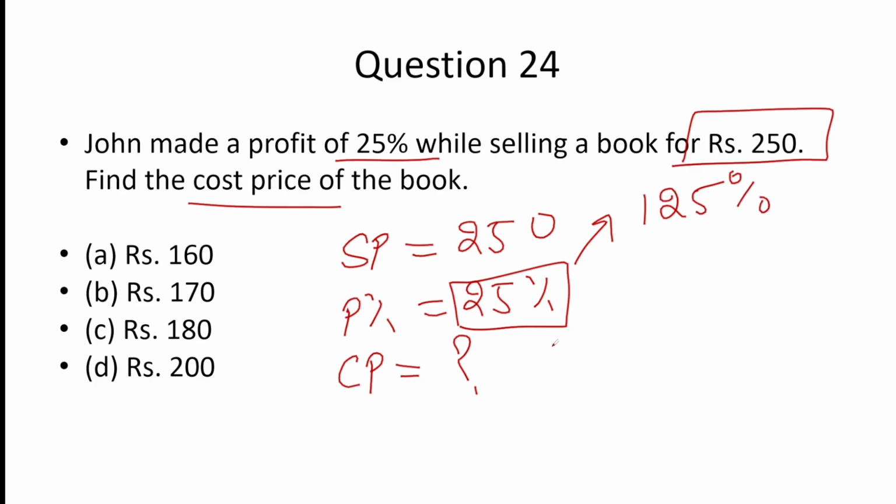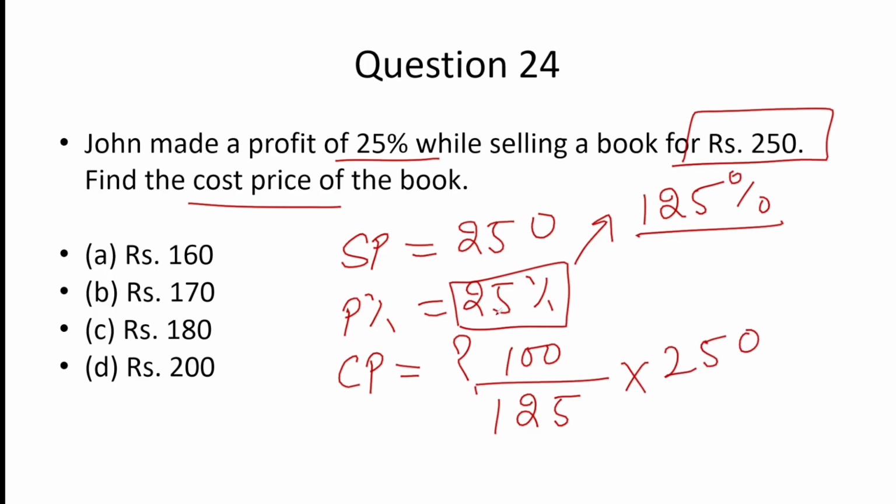So CP will be the reverse of this: 100 by 125 into SP. If there is a profit of 30%, you will take 130%, but for finding CP you will take the reverse of this. So the CP will be 200.